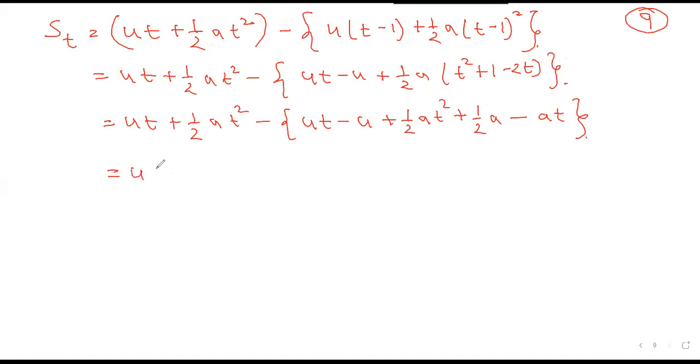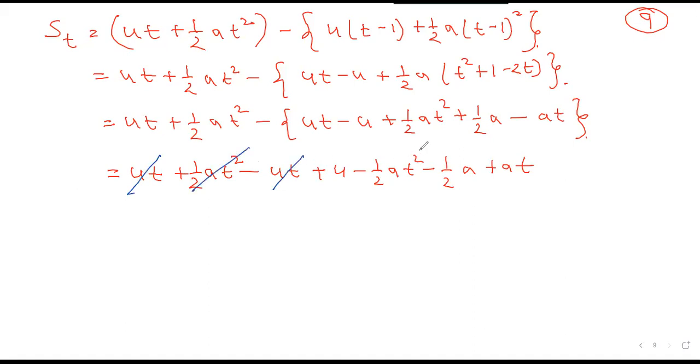Is this clear? ut plus 1 upon 2 a t square, ब्रैकेट ओपन कर दीजिए, माइनस ut, माइनस माइनस प्लस u, माइनस हाफ a t स्क्वायर, माइनस 1 अपॉन 2 a प्लस a t। यहां पर कैंसिल हो गए, ut से ut, हाफ a t स्क्वायर से हाफ a t स्क्वायर, रिमेन क्या रहा? सॉरी, the remaining are u plus a(t minus 1 upon 2).